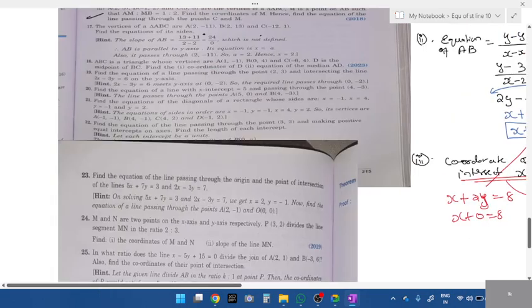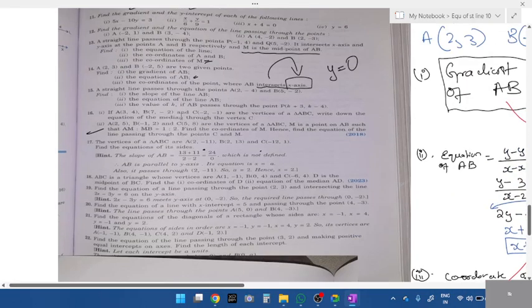Which question? 14. If you want, try the 15th question, students. Same type, only thing we need to find is the value of k. 15th question, other things are the same. The 16th question is also the same. That is what I told you all about: a ratio is given, and the line passes through the point.